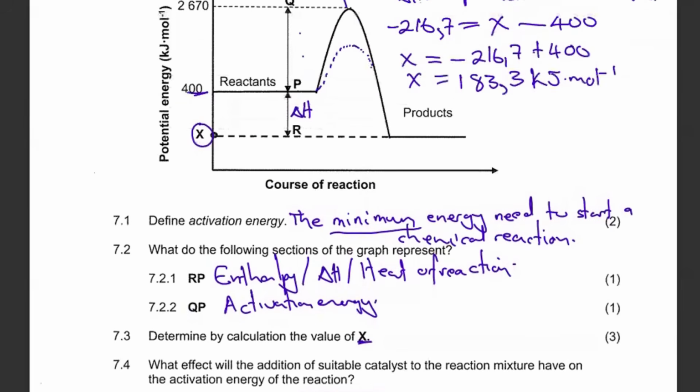As indicated there, I've already drawn. Remember, your activation energy starts from where the reaction starts until the peak there. So where is your peak here? It means your peak actually ends like that.